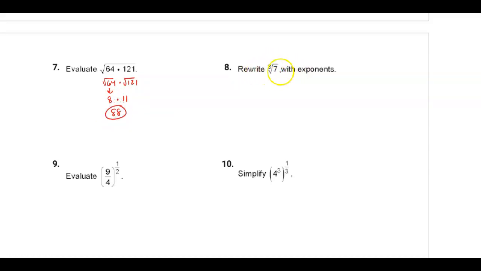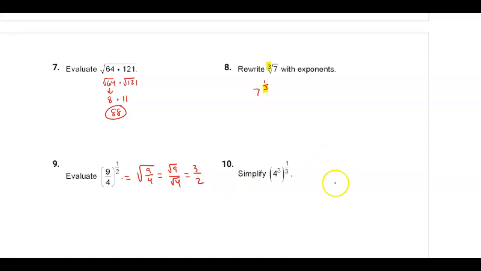If I had to rewrite this using exponents, I would rewrite this as 7 to the 1 over 3, and that's the reason it becomes that. The next one, 9 over 4, to the 1/2, is the same as the square root of 9 over 4, which could be broken up into the square root of 9 over the square root of 4, which becomes 3 over 2.